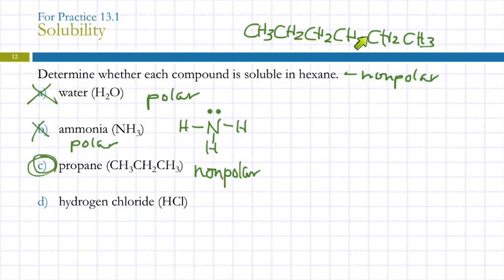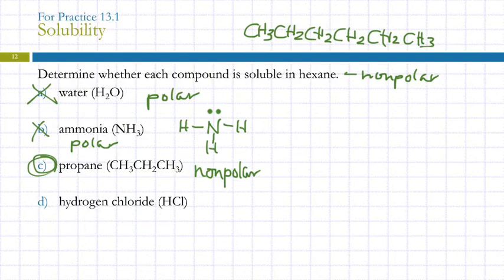When looking at the formulas, propane looks a lot like hexane. It's just like the big brother, right? They're both nonpolar. So separating these molecules, and then allowing them to interact with each other, there's not going to be much change in the energy, but you do have an increase in entropy from things spreading out.